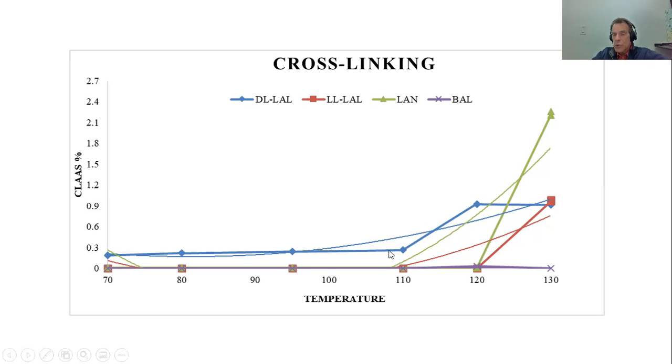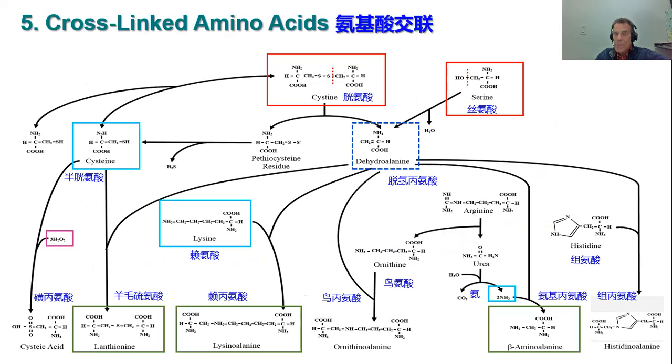Lysinoalanine started being produced above 110 degrees Celsius. Very significant, especially in the presence of this cross-linking stimulating compound, L-serine, that gets transformed into dehydroalanine. So remember, the serine gets transformed into dehydroalanine, and the dehydroalanine reacts with the lysine to create lysinoalanine.